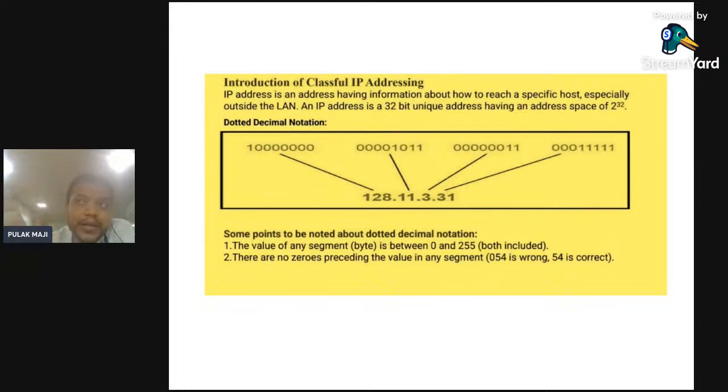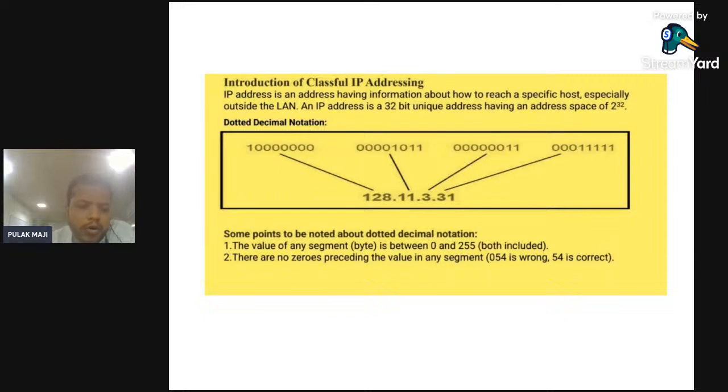And how do we represent that many IP addresses? Generally, we follow dotted decimal representation, or dotted decimal notation. As you can see, this is the format of the IP addressing. Dotted decimal means it is in decimal form, and each decimal is separated with a dot.